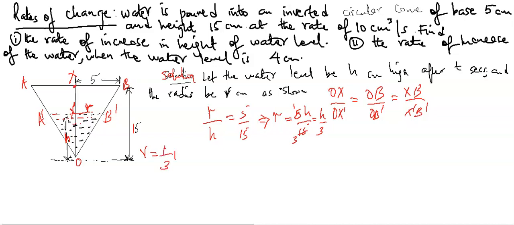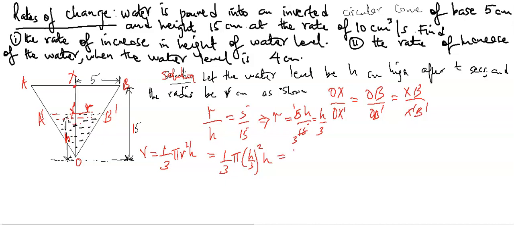Now we know that the volume of a cone is given as V equals a third pi r squared h. We know r from here is h over 3. So volume will be a third pi, and instead of r squared we shall have (h over 3) squared times h.